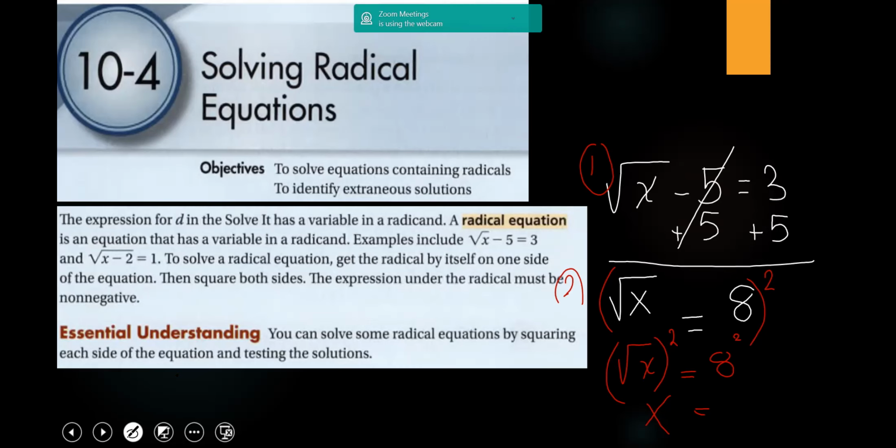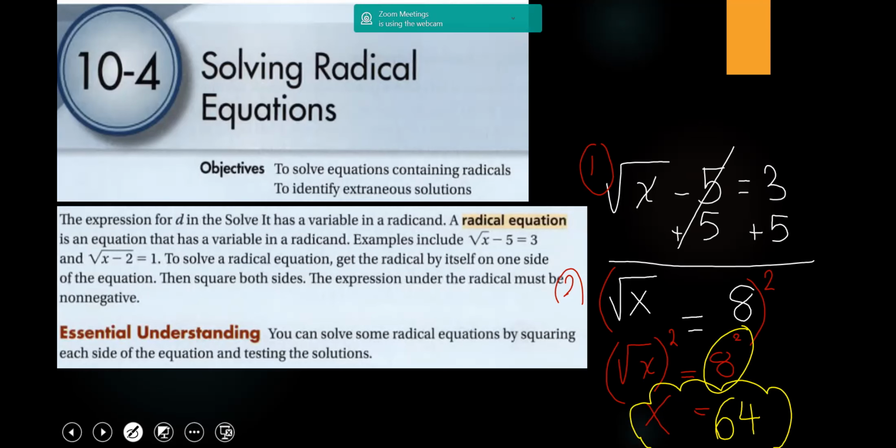If you have an equation, you have to solve it. What's the meaning of solving an equation? Give me the value of x. But here is not x, this is square root of x, and I want x. So I will square both sides. x and 8 squared is 64. Exactly, so the answer is x equals 64. In this way, I solved the equation.